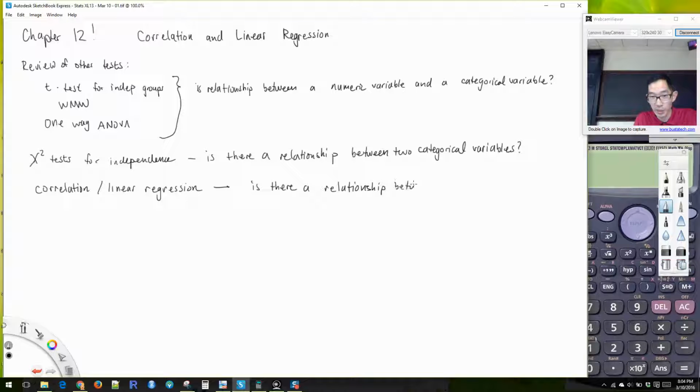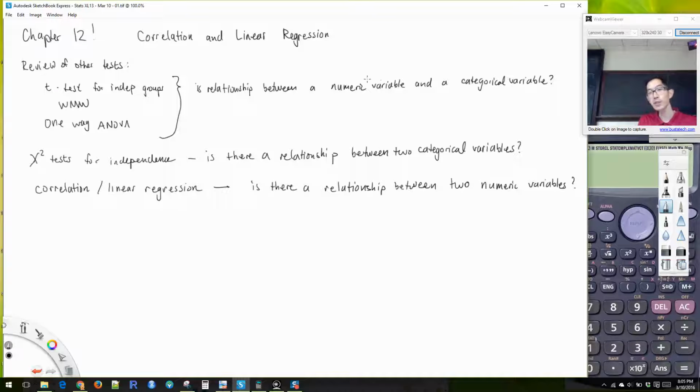Between two variables. Well, between what kind of variables? Between two numeric variables, exactly. You are so smart. Okay? So is there a relationship between two numeric variables? That's what we're going for.